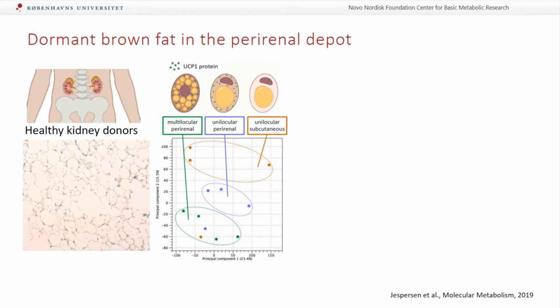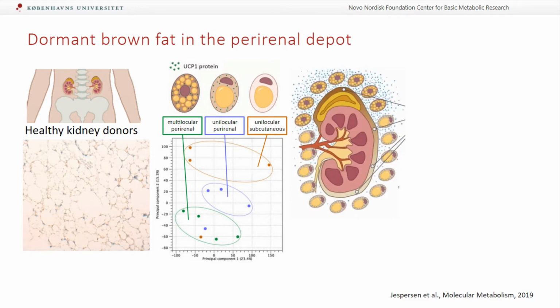So they were all separating into different groups. And what was also interesting was that there was an accumulation of multilocular adipocytes close by the adrenal gland. So probably due to the higher concentration of norepinephrine coming out of this particular spot.